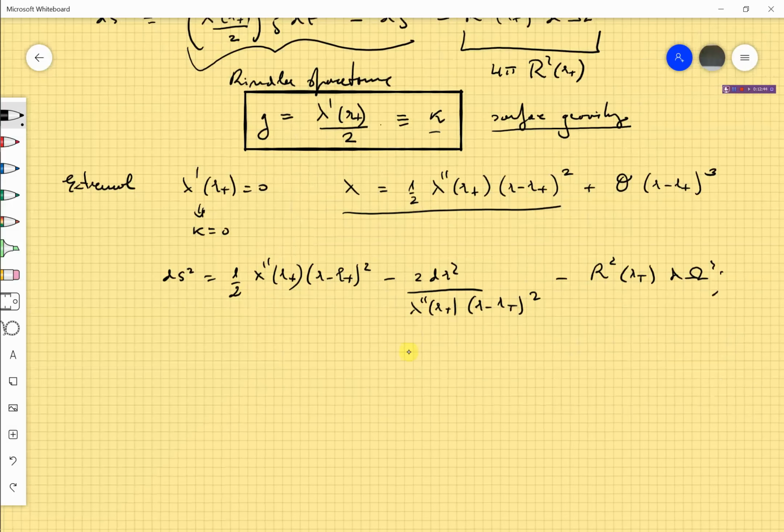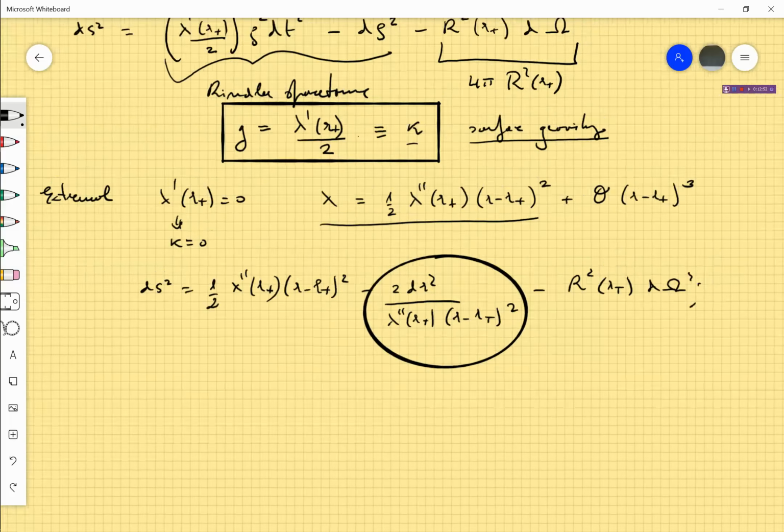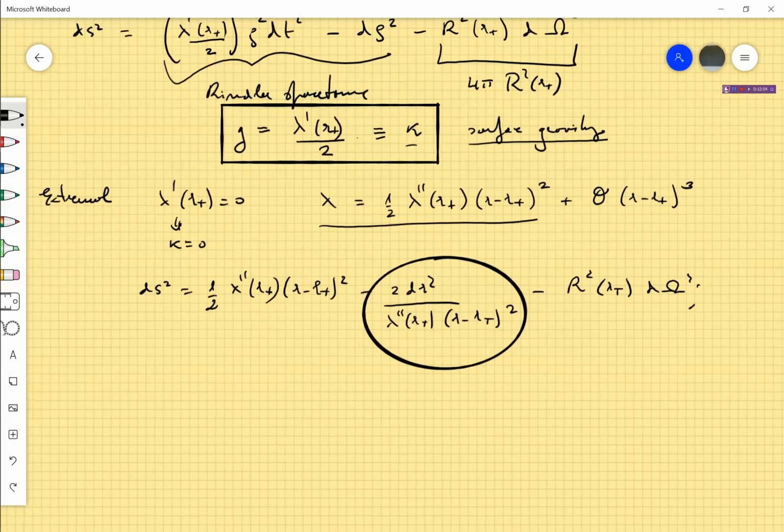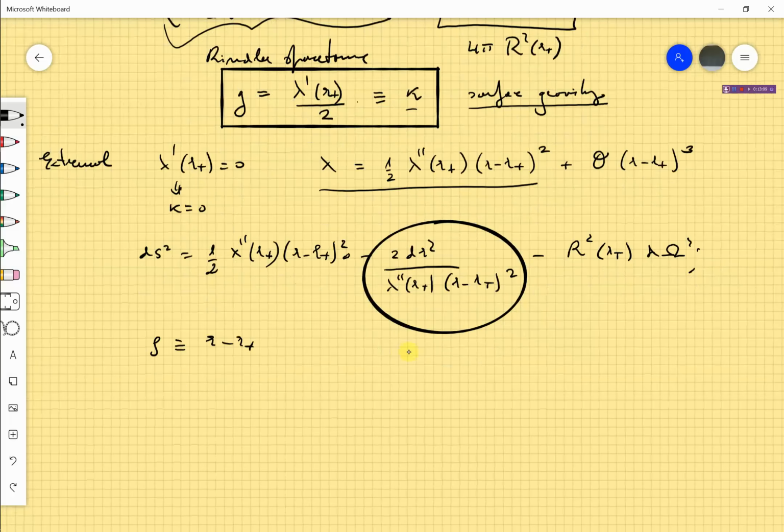And okay, again, we want to write this in a simple form, but the best way to do this is to redefine r so that you place the origin at r plus. Let's call this rho if you want. Oh, I forgot the dt squared here.